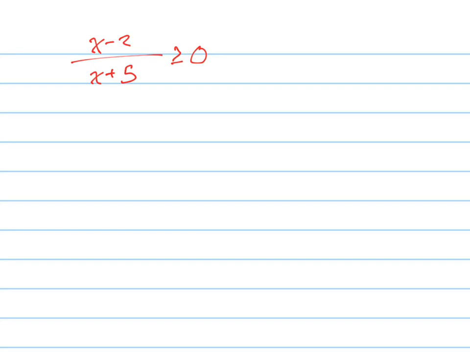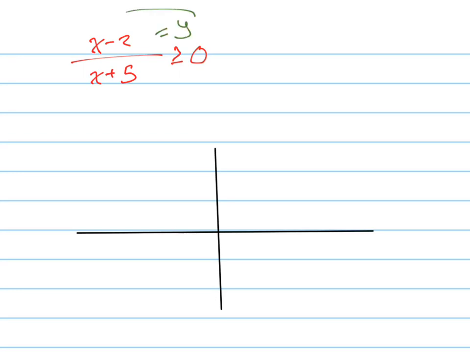Let's do another one. Now this is a rational function. With rational functions, you can do a sign analysis, but I personally prefer just graphing it. Since you know how to do this anyway, let's graph this, and then find out on the graph where it's bigger than 0. So I'm thinking of this as that equation.